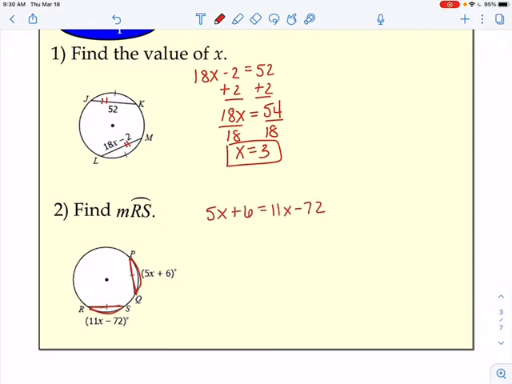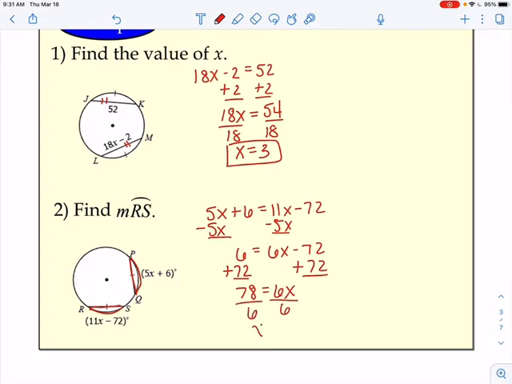When you solve here, it does not matter which one you get rid of first. I'll subtract 5x from both sides, so I'll have 6 equals 6x minus 72. I'll add 72 to both sides, and I'll have 78 equals 6x. Divide both sides by 6, and x is going to equal 13.